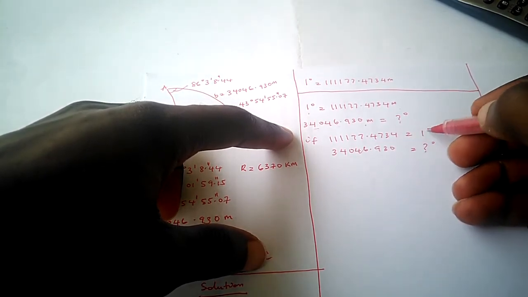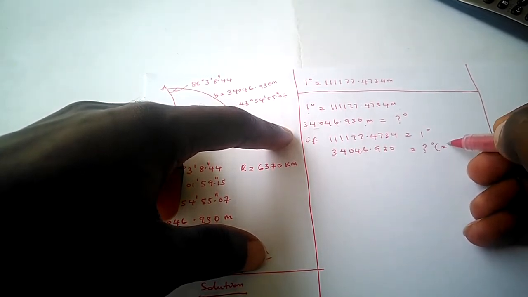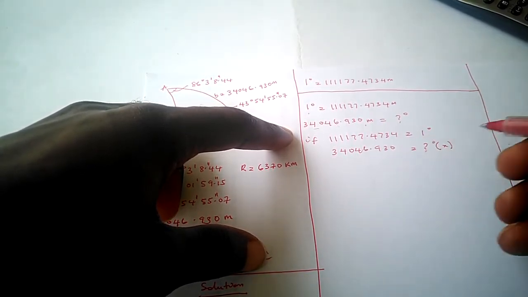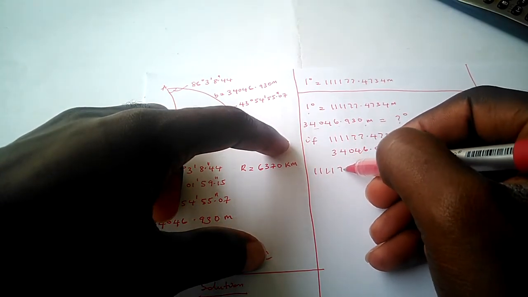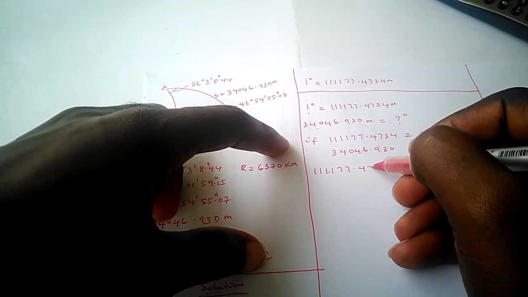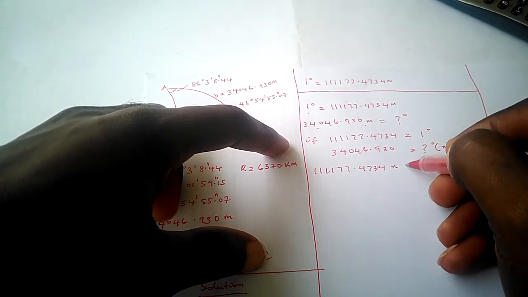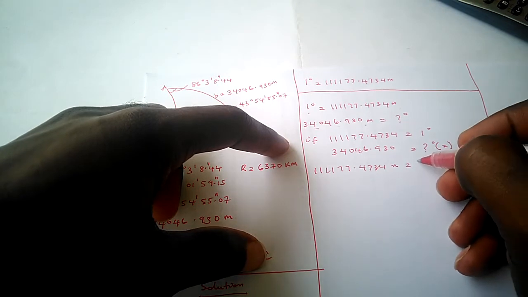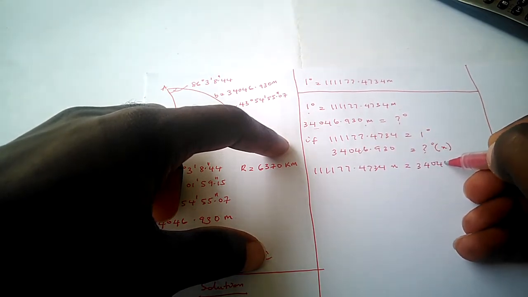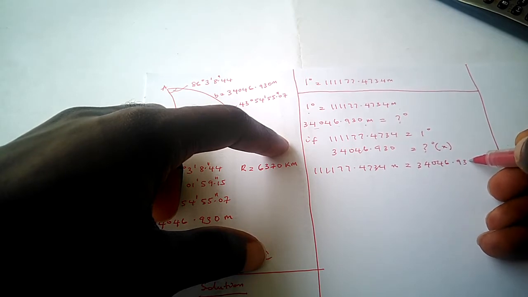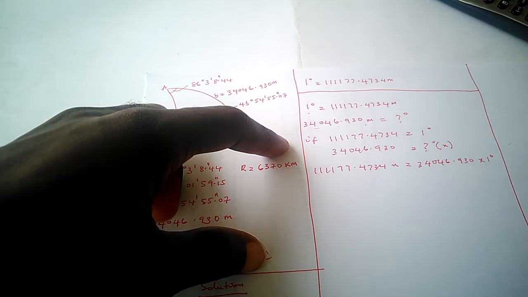We cross multiply. If we represent this with x, by the time we cross multiply, we'll find out that we have 111,177.4734x equal to 34,046.930 times 1 degree. I hope it is clear.